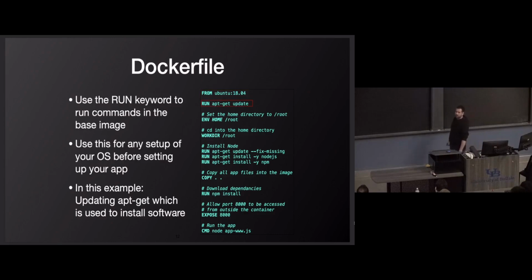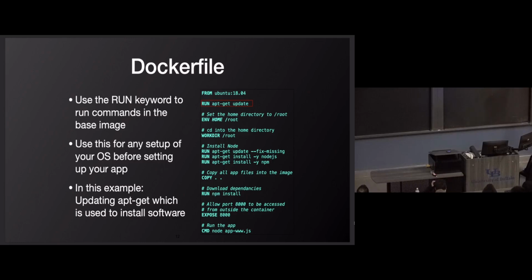But since we're starting with Ubuntu, we can run Ubuntu commands, any Linux commands that we know. So if you're wondering what to put in your Docker file, you can Google Ubuntu, how do I do XYZ? And most of it's going to be the same, except some notable differences we'll see. But we're going to use the run keyword to run any Linux commands.